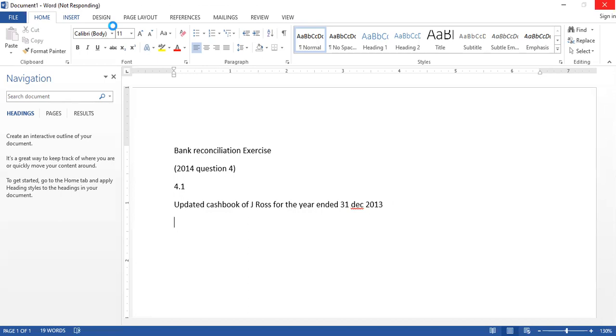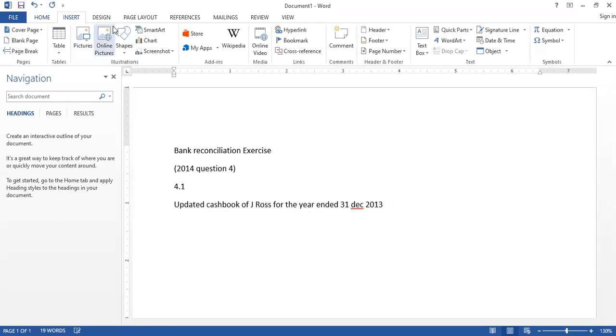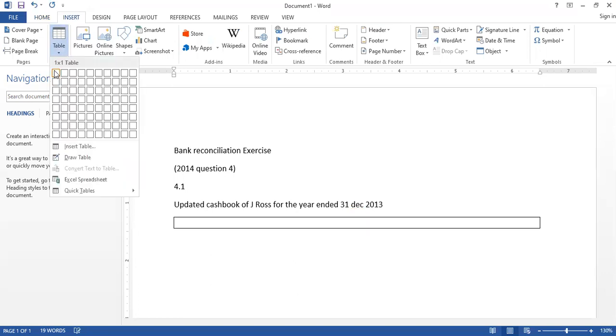You're only given the date, the details, and the amount, which is the bank column only. In most cases, you will only be given the bank column, because when it comes to the reconciliation, we do not reconcile cash. It's only the bank column.